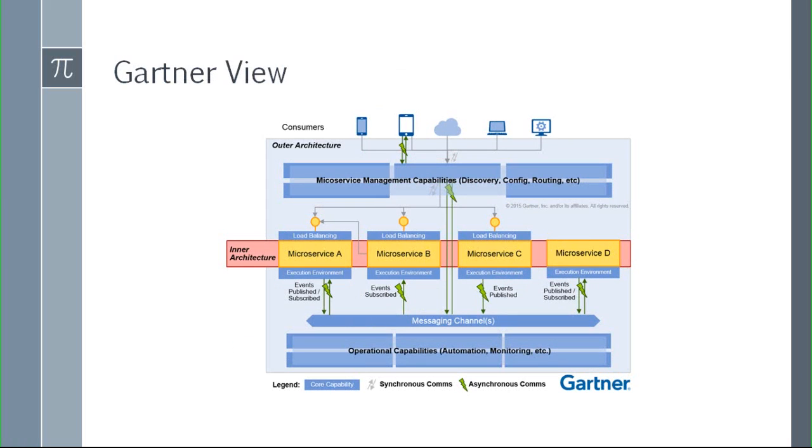and this slide is a Gartner view of a microservice inner architecture and outer architecture. Similar to the previous slide, you have different kinds of clients. Here, for example, mobile client, desktop application, third party, and cloud applications that communicate with our microservice environment using an API gateway.